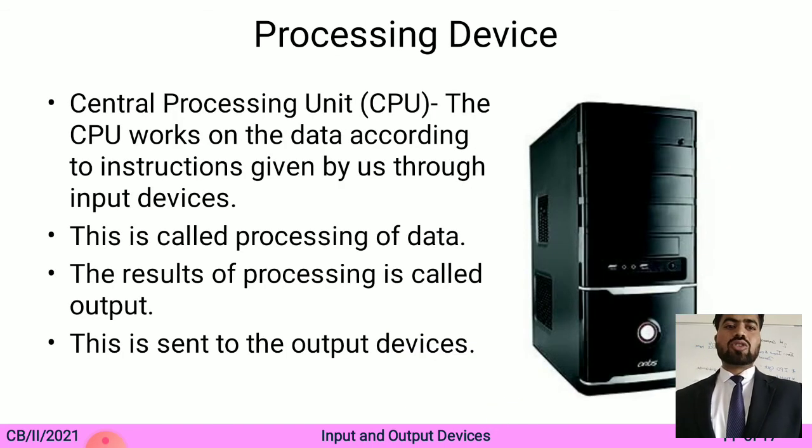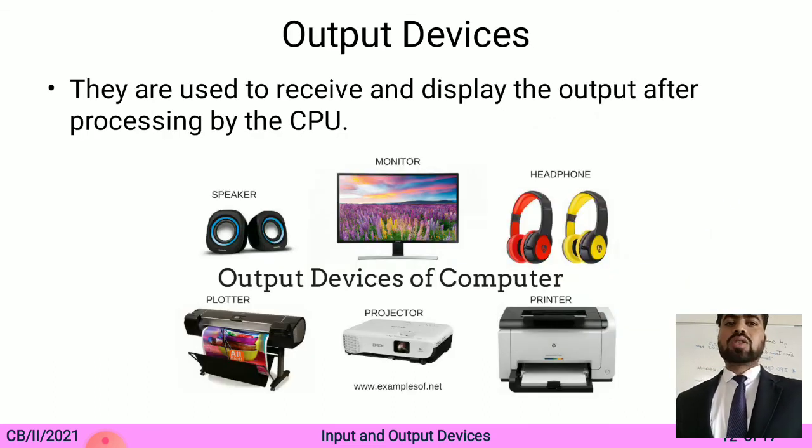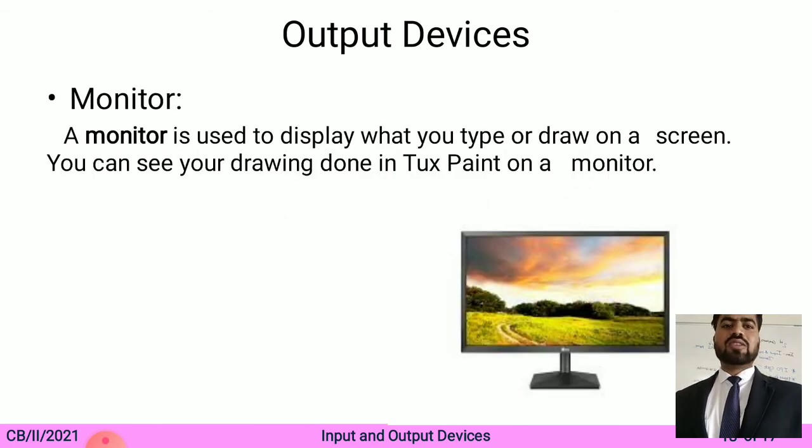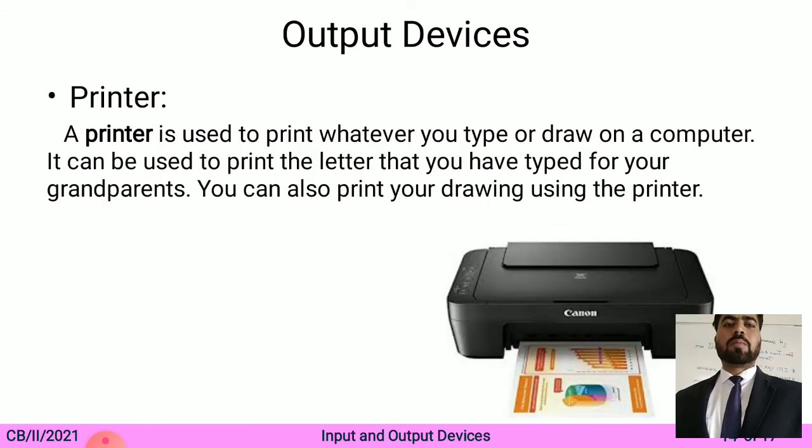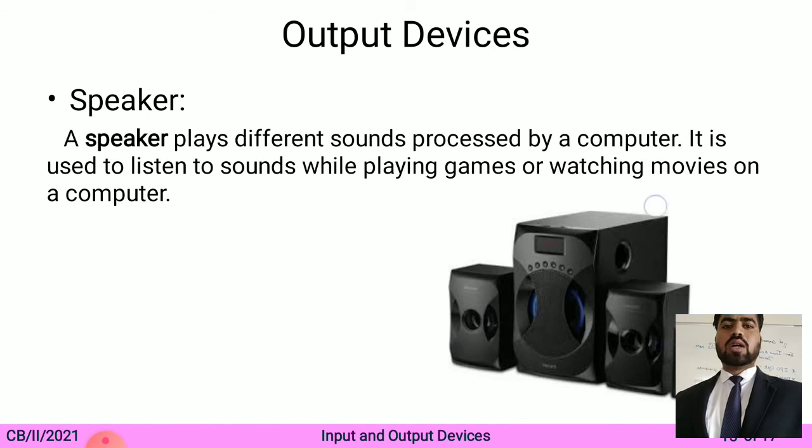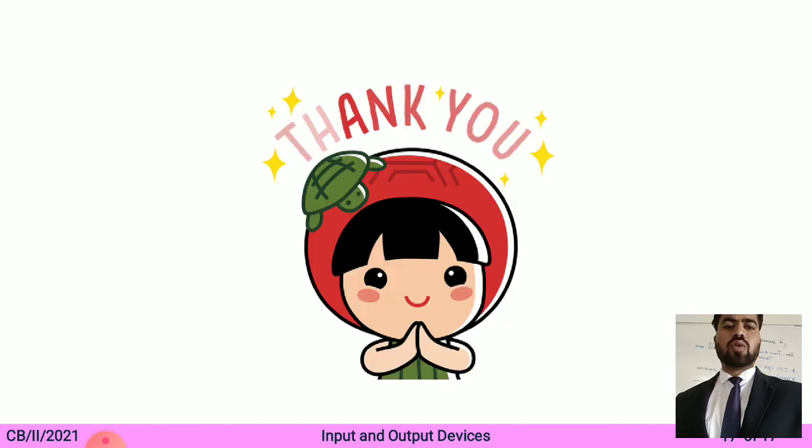That is the exact use of an input device. Then we learnt about the processing device, the CPU, central processing unit. This is an important part and it's also called the brain of the computer. Then we learnt about output devices: monitor, printer, speakers and headphones.